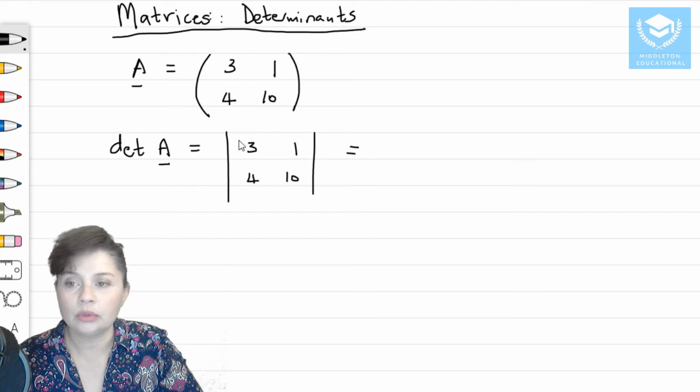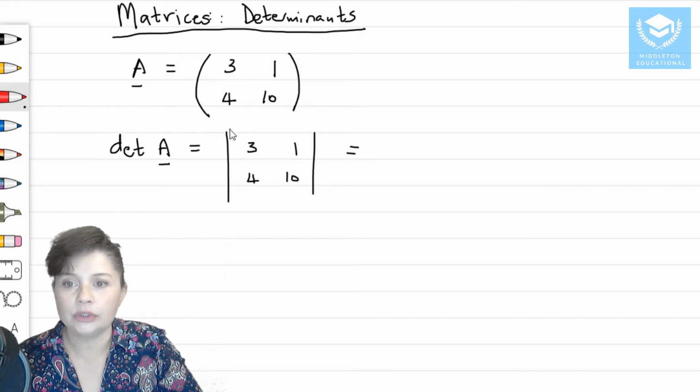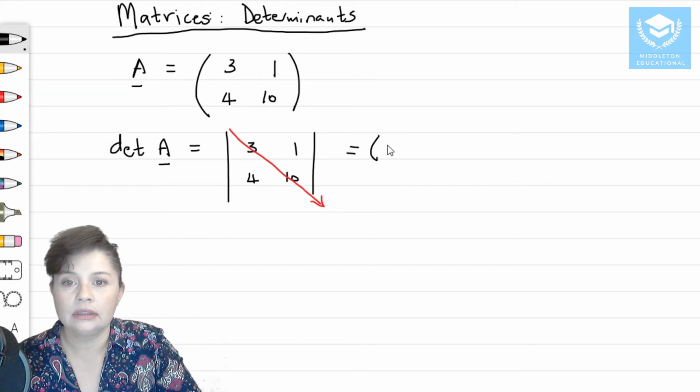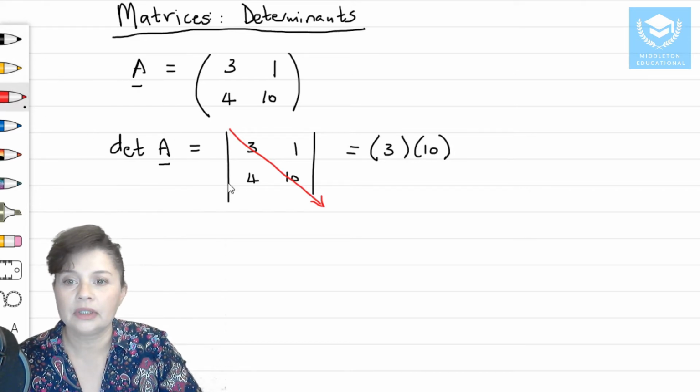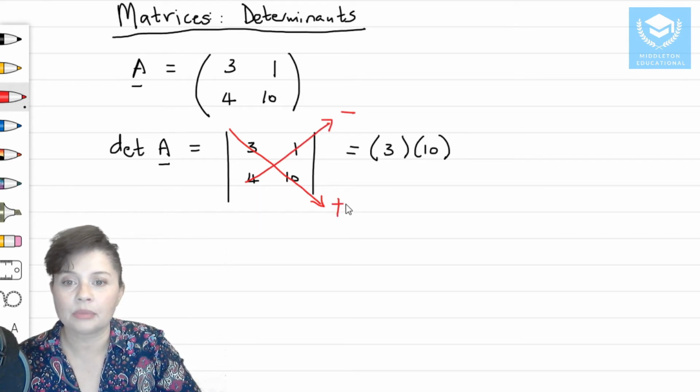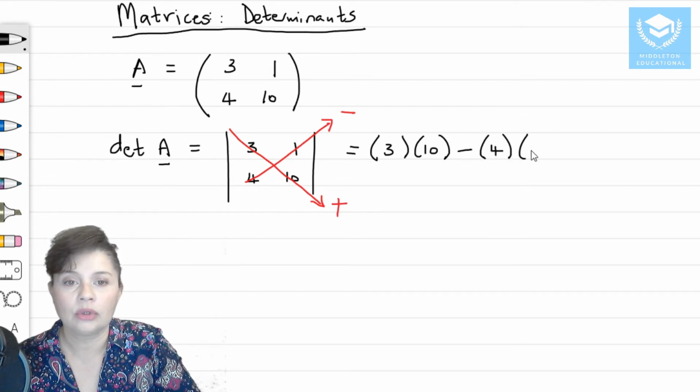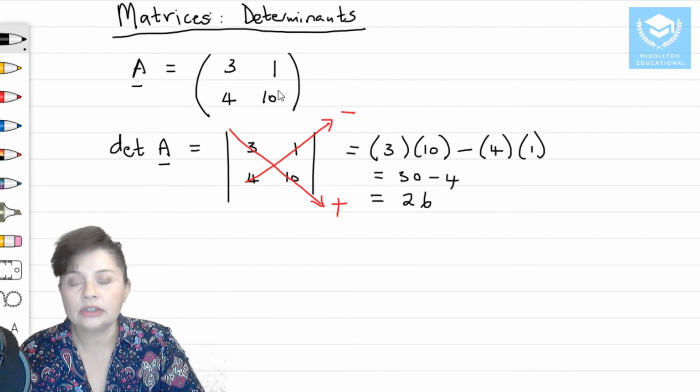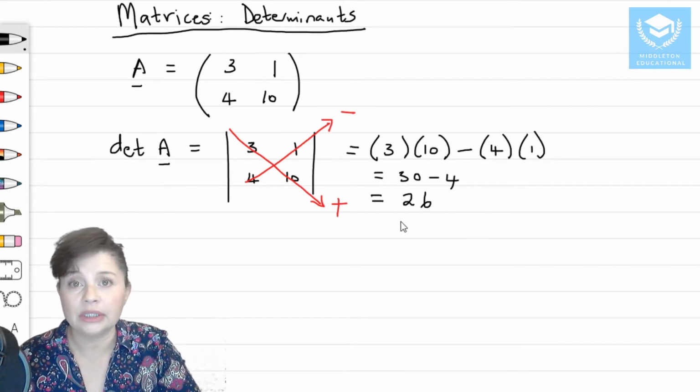And that is going to be equal to, if we do a cross like this, right? 3 times 10, and then we take these two, and that's going to be minus, this is plus, minus 4 times 1, and that is going to equal to, what is that? That's 30 minus 4, which means it is going to be 26. So the determinant of this 2 by 2 square matrix is going to be 26.